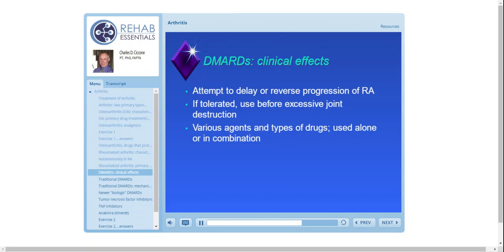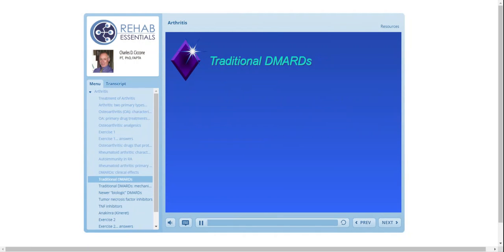And there are a lot of these now. This is a growing list. We've gone from some drugs that were more traditional to some newer drugs. They can be used alone, but oftentimes can be combined with each other in a bit of a cocktail to provide a better overall control of rheumatoid joint disease.